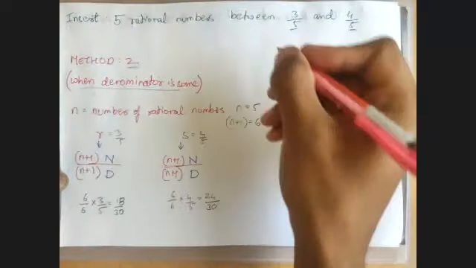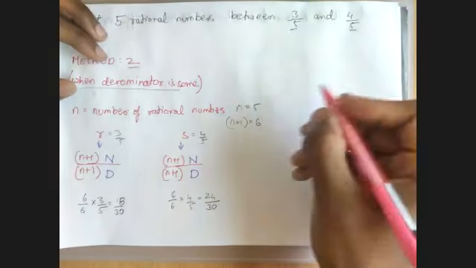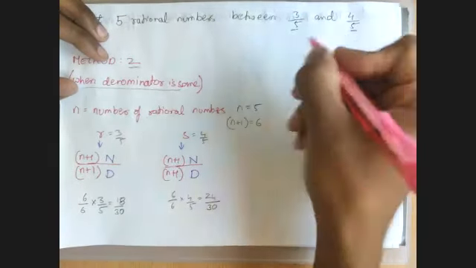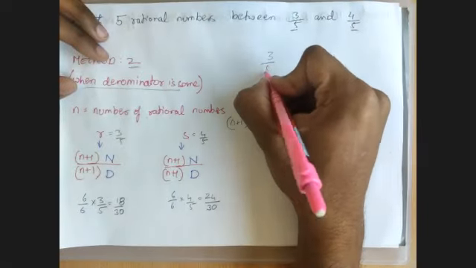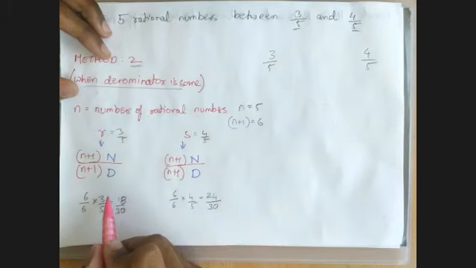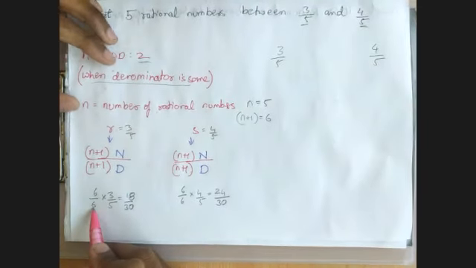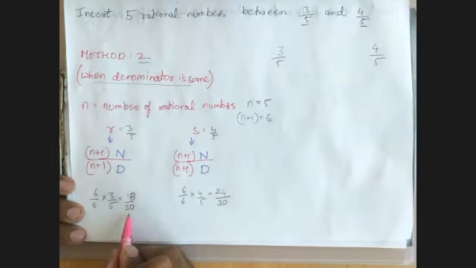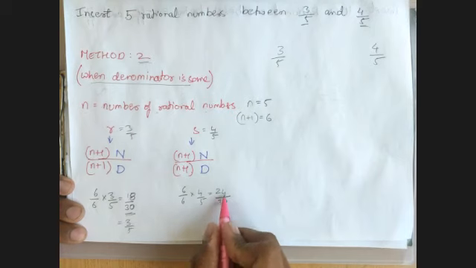So now I have to insert 5 numbers between 3 by 5 and 4 by 5. But I can cancel. This is nothing but 3 by 5. This is an equivalent rational number. This can also be written as 4 by 5, again an equivalent rational number.